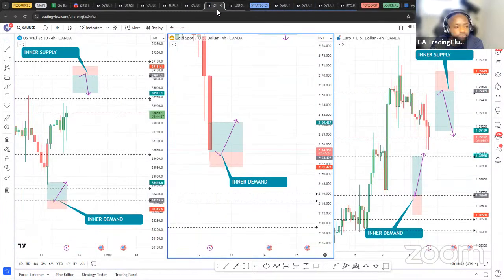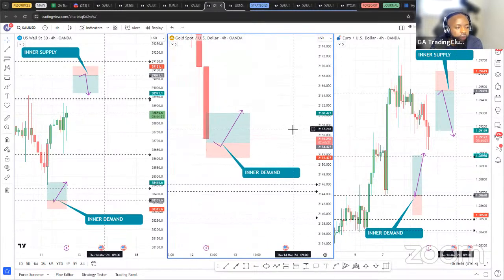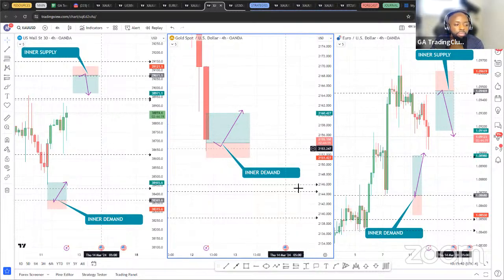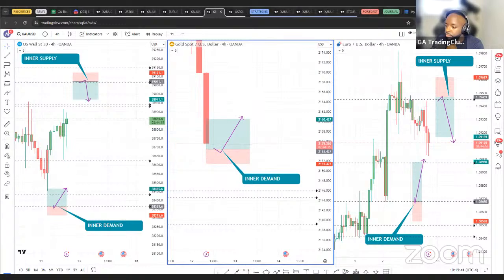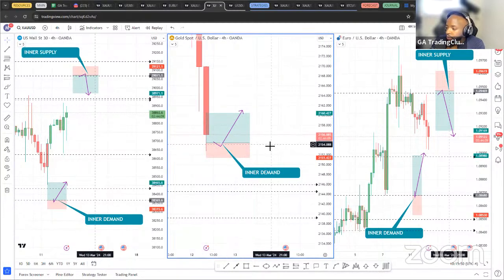There we go. Nice one, nice push. Remember, if you achieve a 1:1 risk to reward, go ahead and set break even. So we're having that nice push.